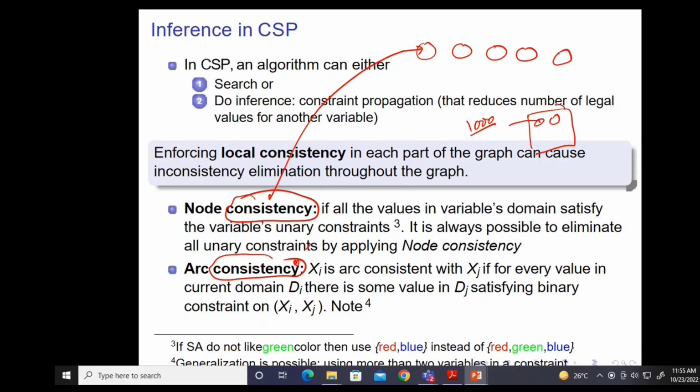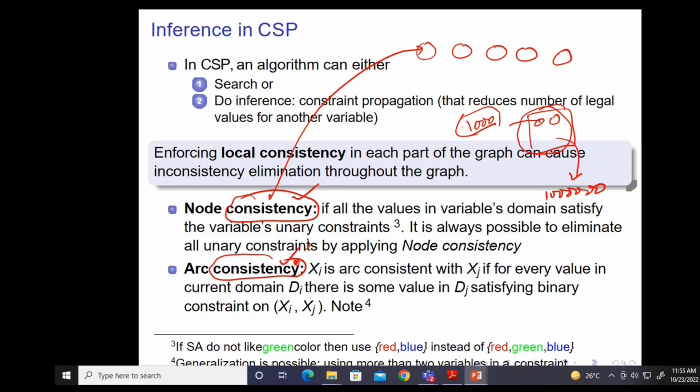But in the complete bank, the assets of the bank should also be 1 lakh, 10 lakh, or something like that. So if you go to take money out from your account, and you leave the balance of 1000 rupees, you would be allowed to take the money out. Okay, so this is called node consistency.